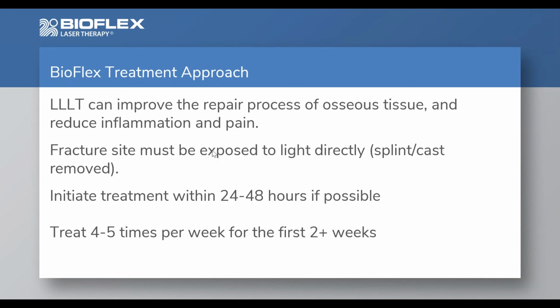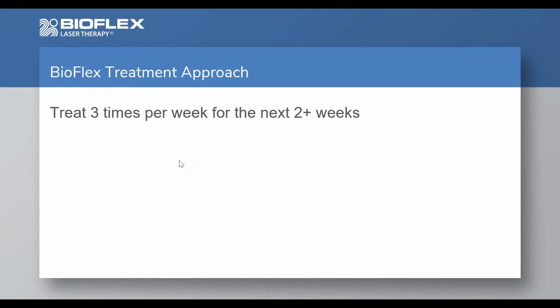You know, it's tough sometimes to get these patients in daily. If you're able to treat even more than that, that's even better. And especially for the first couple of weeks during the early formation of the callus, or the fibrocartilaginous model. And then as it's healing nicely, you can go down to 3 times a week for a couple of weeks, and if necessary, once or twice a week for follow-up.